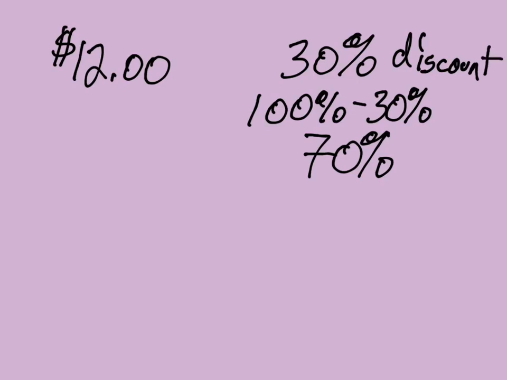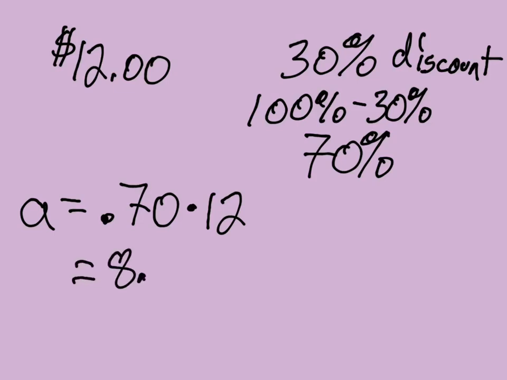So we use the percent equation. A equals 70% of $12. And so we use our calculator. 70% of $12 is equal to 8.4.